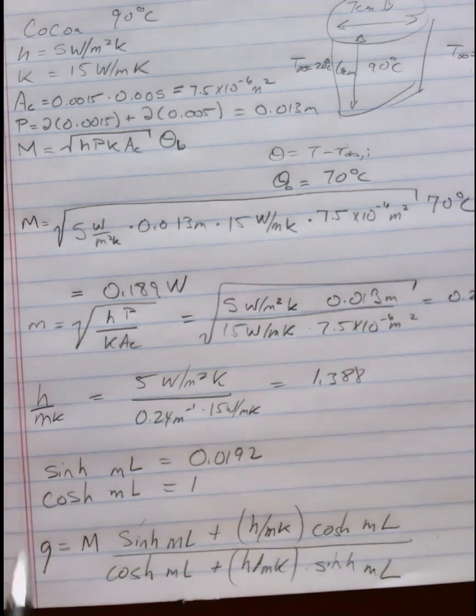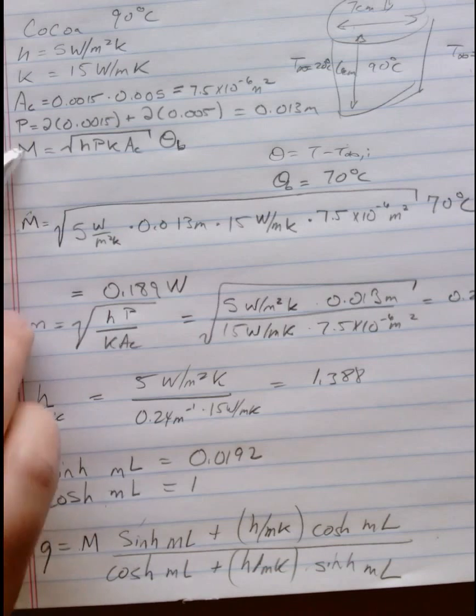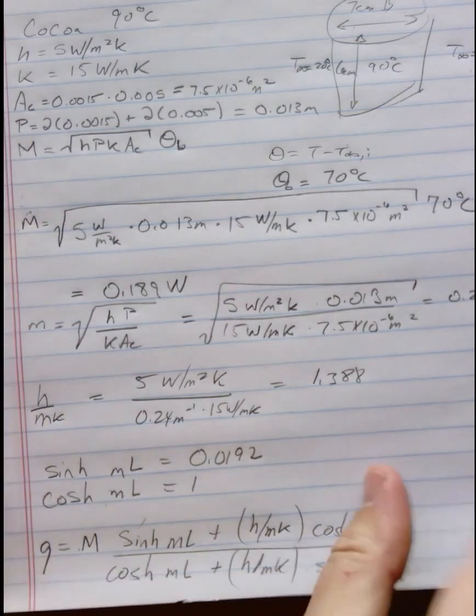So I've already computed my sine and my cosine here. I've got capital M up here. I've got small m down there. So now I can just fill in all these numbers and finish the problem.